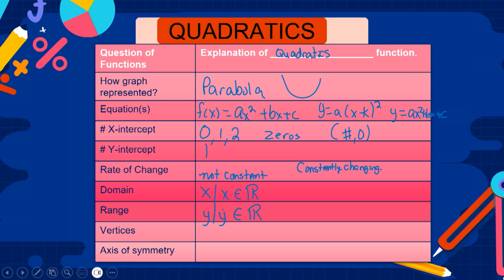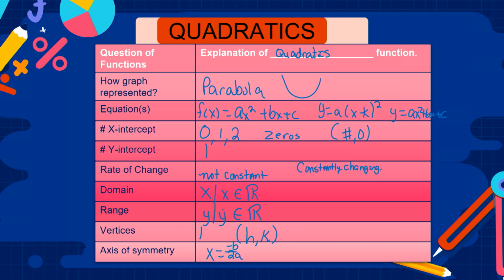Now, I do have a vertex. I have one vertex, and that is known as my H and my K values. I do have an axis of symmetry going up through that vertex on the X value, and we say that X equals opposite of B over 2A.